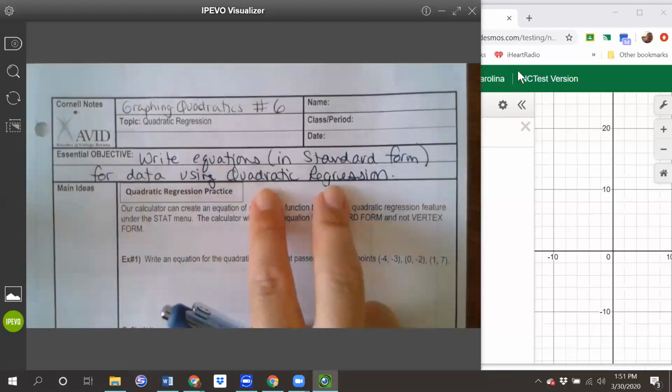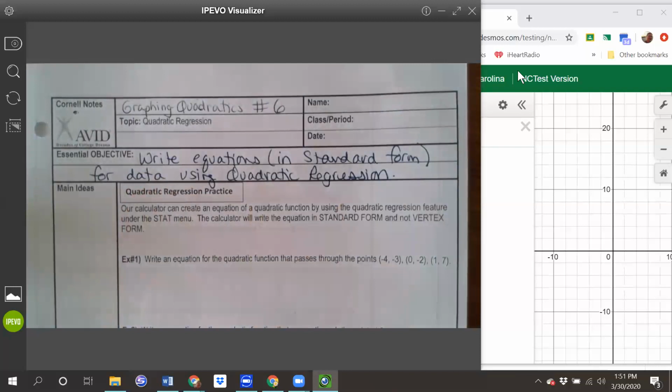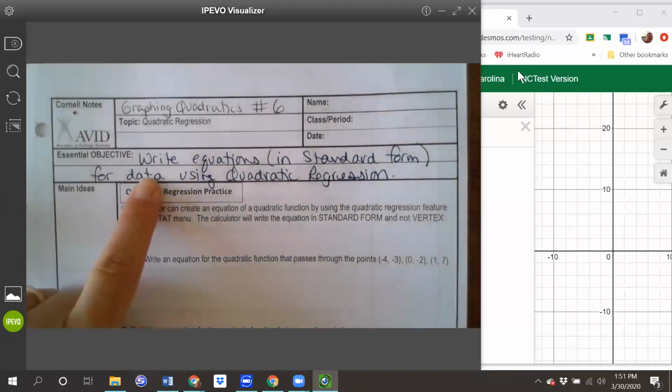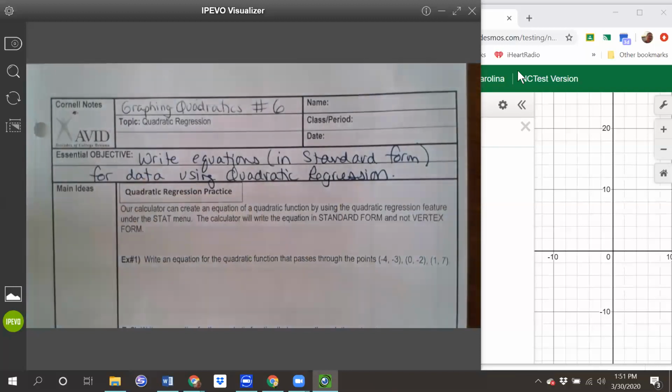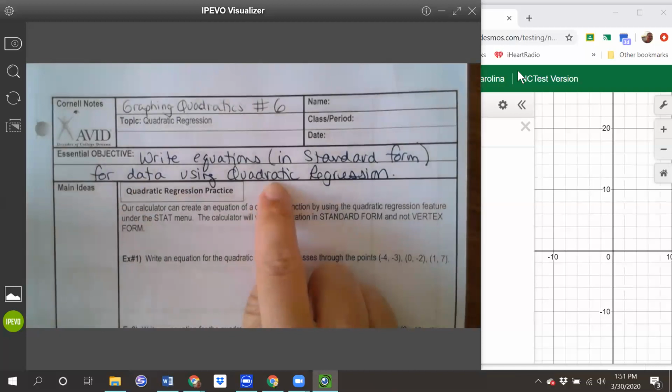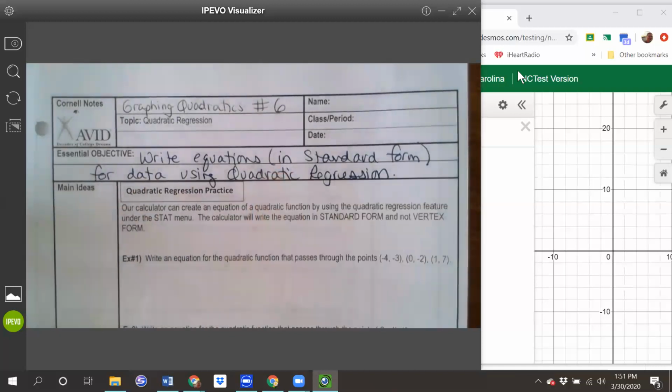The same thing is true with quadratic regression. We put in our data, which is probably going to be kind of U-shaped, and then we allow technology to create or write a quadratic equation that is going to best estimate that data.